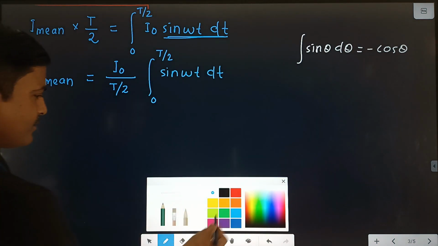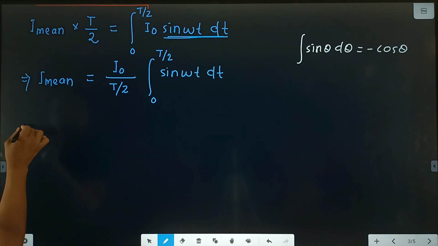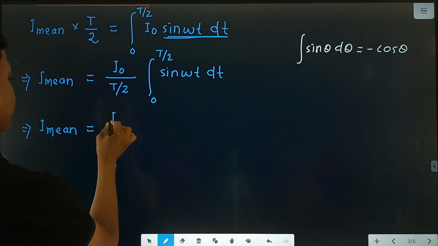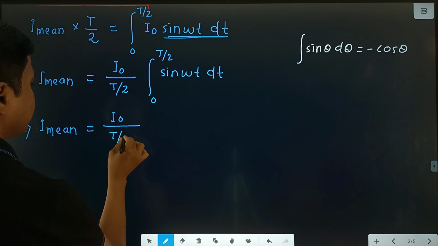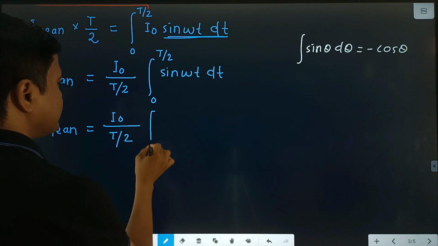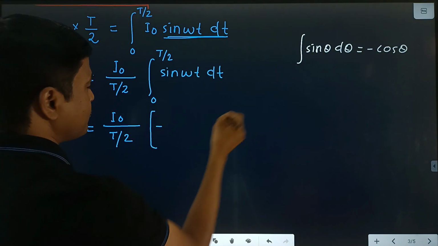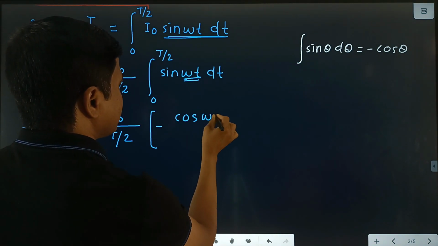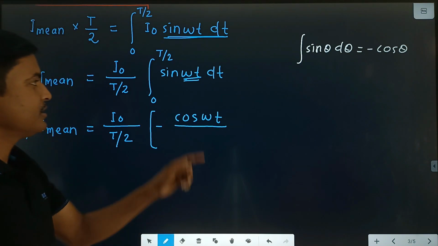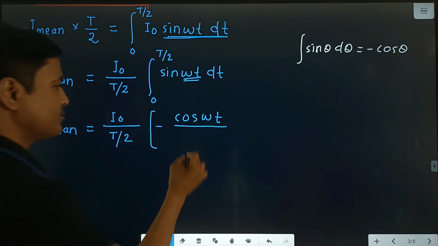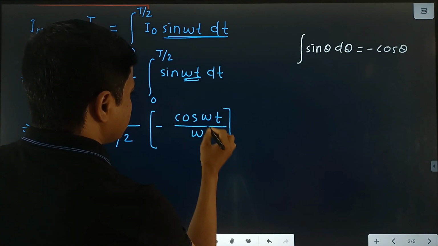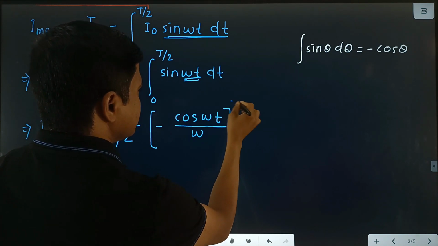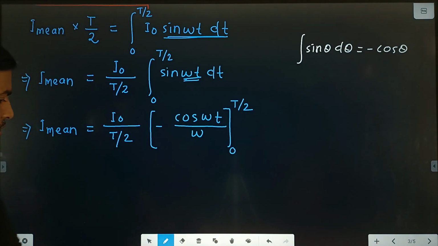So if we solve this equation, the mean value is equal to I0 divided by T/2, integration of sin omega t, that is minus cos omega t divided by omega, because an extra term omega is there. This is the integration of sin omega t dt, with lower limit 0 and upper limit T/2.